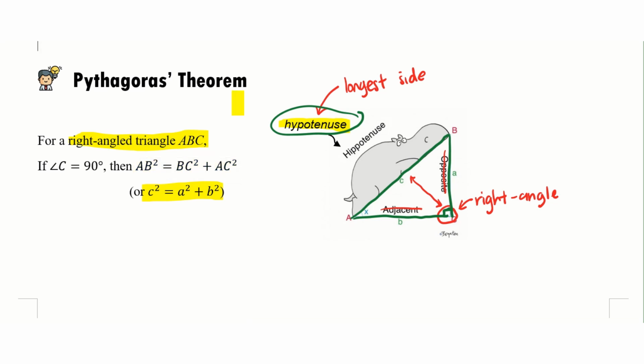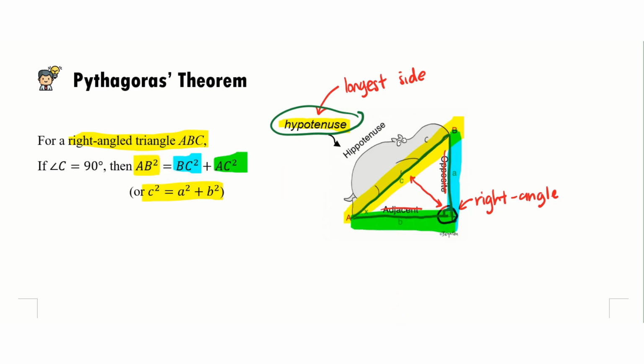If I were to highlight all this, the hypotenuse is actually the side AB, which is this side over here. Then BC squared plus AC squared are the remaining two sides. It doesn't matter in what order it comes about, because whether you add 2 plus 3 or 3 plus 2, they will both give you 5. Similarly, we have BC squared to be this side here, and AC squared to be this side here.